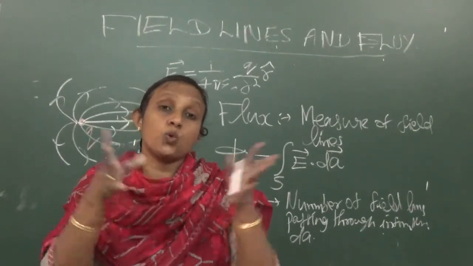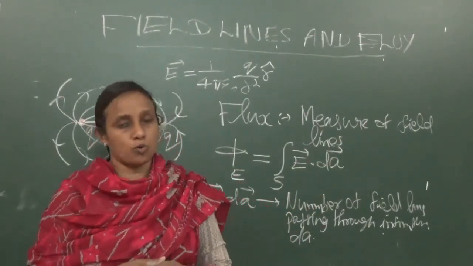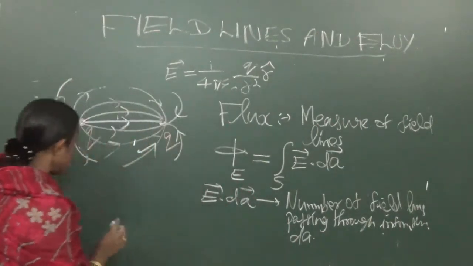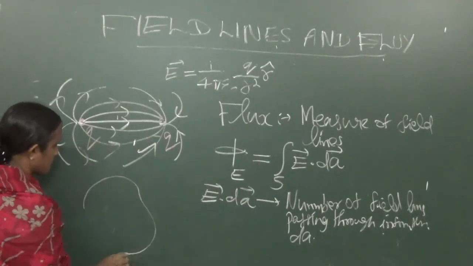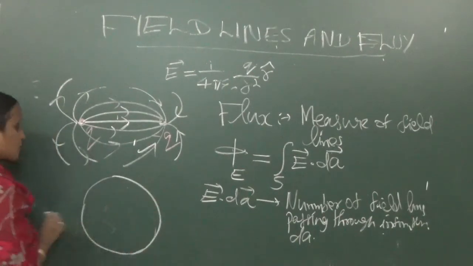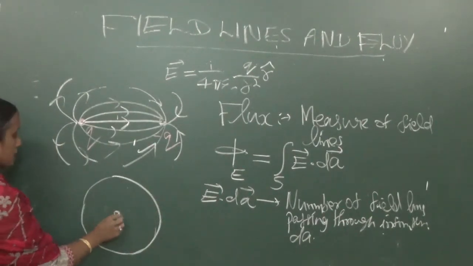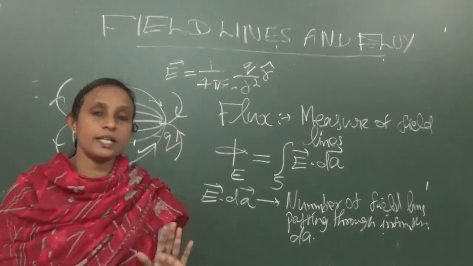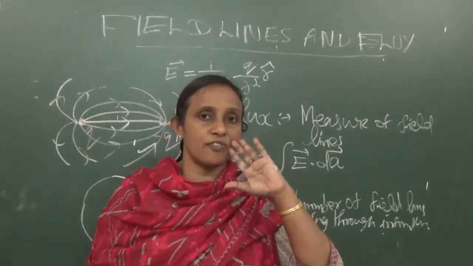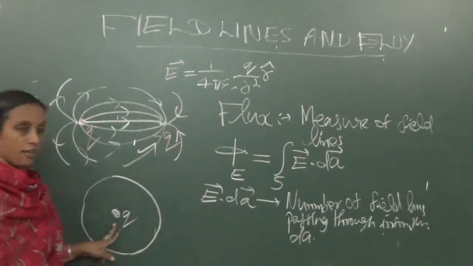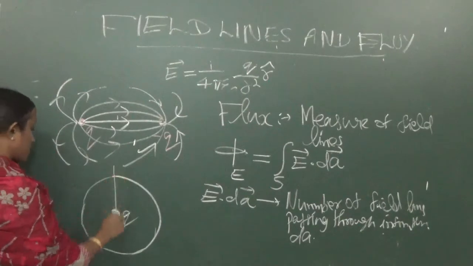They pass through the surface outward. Right? For example, suppose there is a surface like this. For simplicity, we can assume a closed spherical surface. Now there is a charge Q here. Okay, we already learned that there are electric field lines from a point charge Q. So here also there are field lines passing like this.